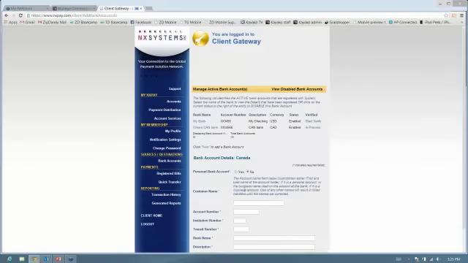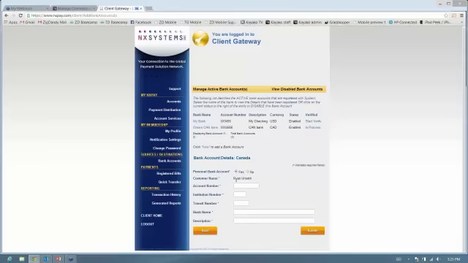Okay, if I say no, then there's a little bit more information that I have to give. The account number, the institution number, the transit number, the bank name and description. I will submit that, and then what's going to happen, guys, is you're going to see the bank that you're creating show up here, and then the status.